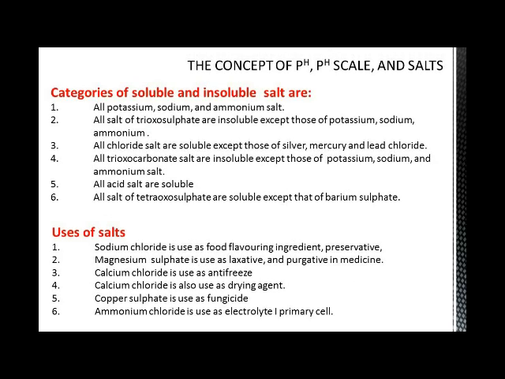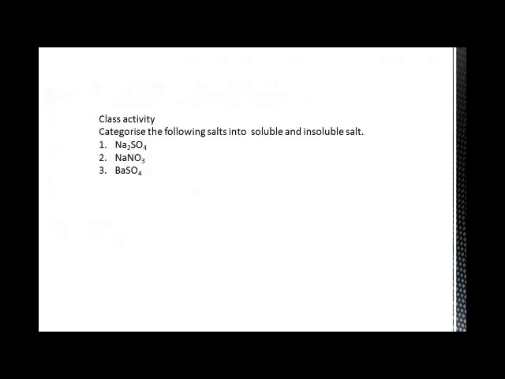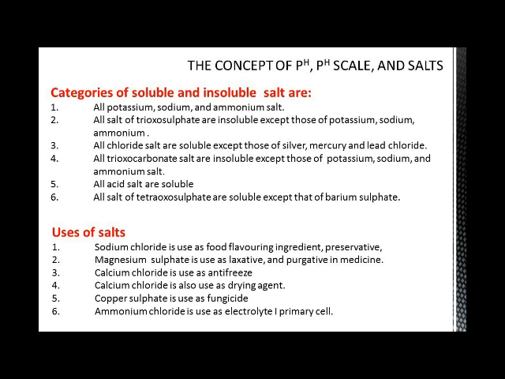Now, what are the various categories of soluble and insoluble salt? All potassium, sodium, and ammonium salts are soluble. Now, all trioxosulfates are insoluble except those of potassium, sodium and ammonium. All chloride salts are soluble except those of silver, mercury, and lead chloride.